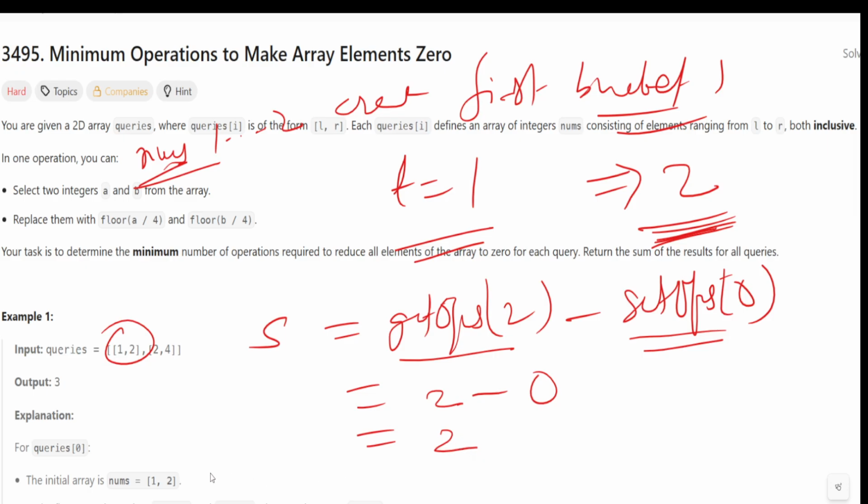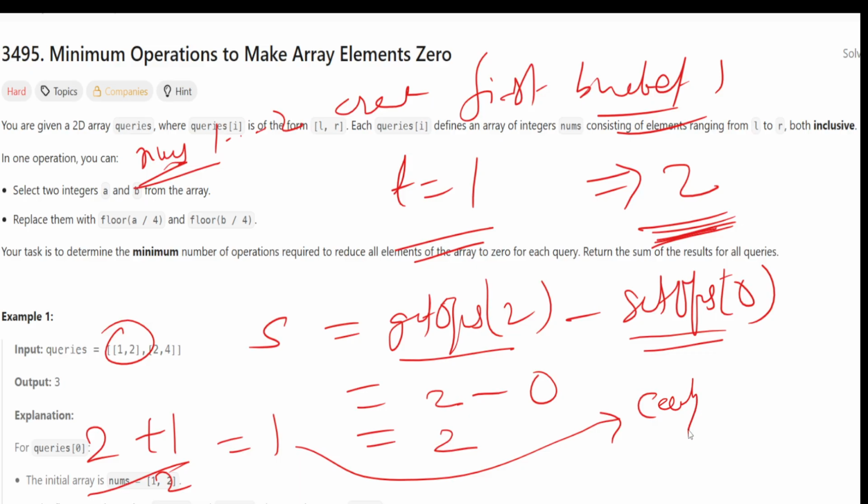Means the operation required is 2 plus 1, the very first, and so we have to divide by 2, right? So it will give you 1, means we have to take the ceiling value again, right? Means ceiling value of 2 by 2. So if we take the ceiling value 2 by 2, it will give you 1. Understand? So that is what is happening.